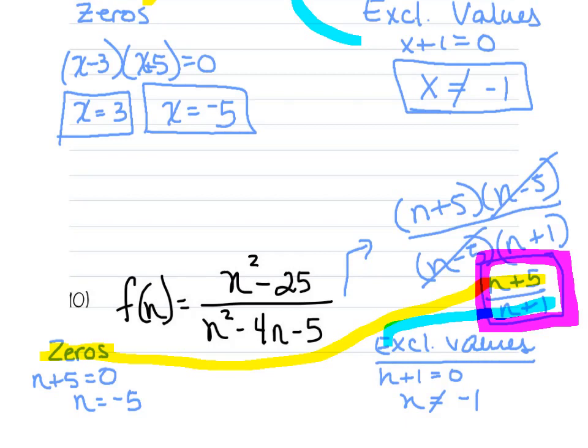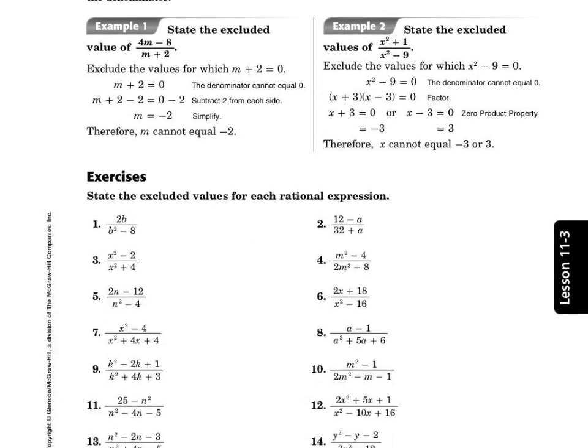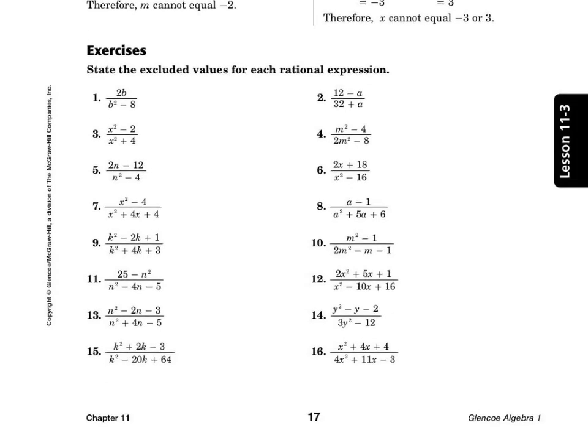Okay. Take some time to do some extra practice. Okay, state the excluded value for each rational expression. So all I want you to do here is state the excluded values. You're going to do number 4, number 8, number 14.